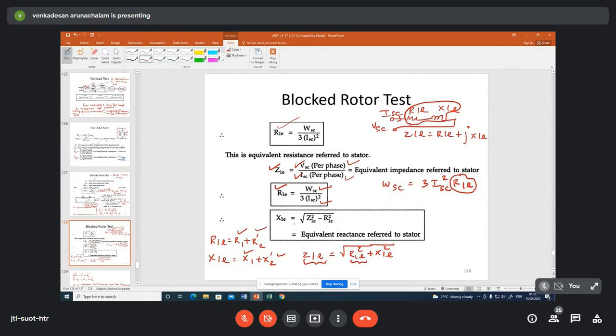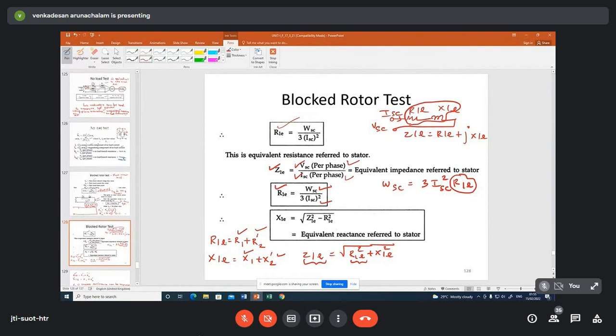So X1E is the root of impedance squared minus resistance squared. This is the equivalent resistance referred to the stator, this is the equivalent impedance referred to the stator, and this is the equivalent reactance referred to the stator.